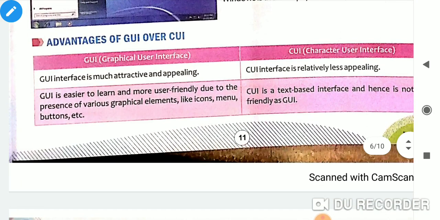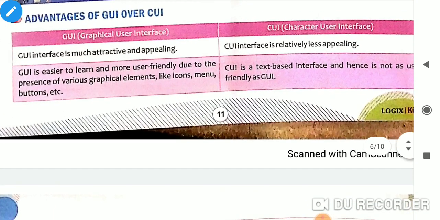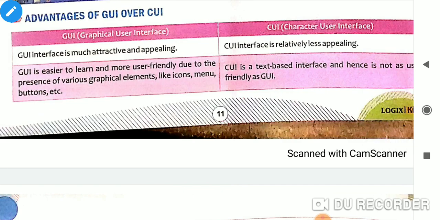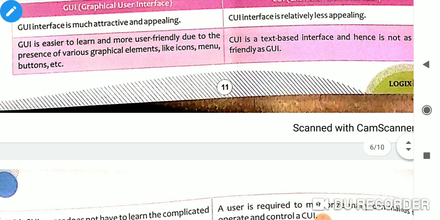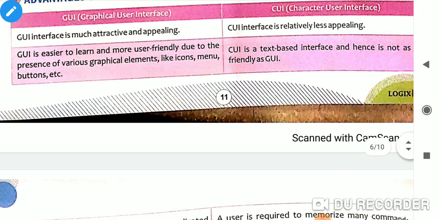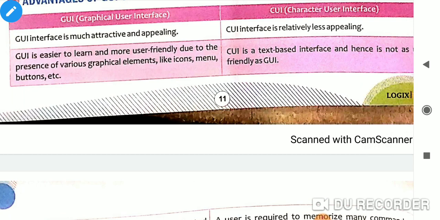So now the next topic is the advantages of graphical user interface over command user interface. Let us see GUI and CUI. Graphical user interface is much more attractive and appealing. CUI is relatively less appealing. GUI is easier to learn. CUI is a text-based interface and hence it is not as friendly as GUI.